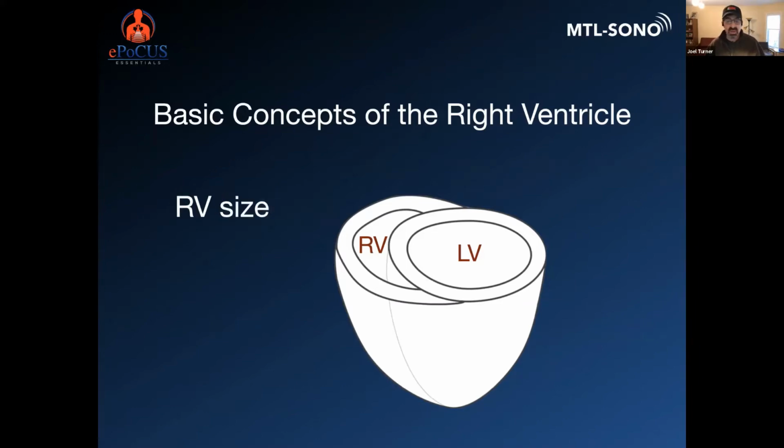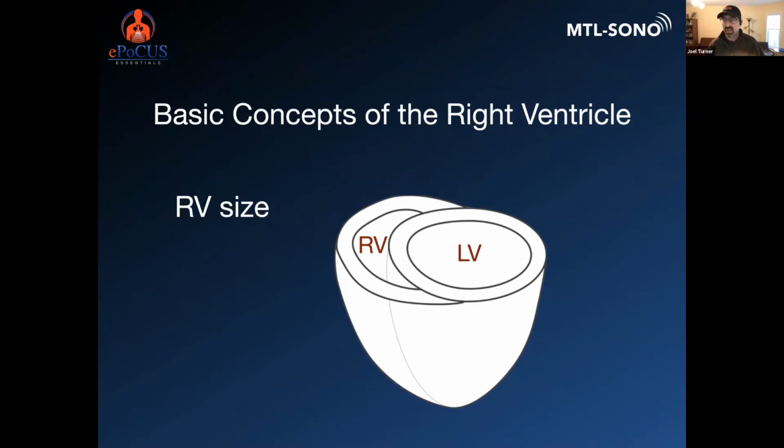The other thing is, remember that the left ventricle has to contract against your systemic pressure. So for someone who has a blood pressure of 150 over 100, that left ventricle has to contract against that systemic resistance. Whereas the right ventricle has to contract against a much, much lower pulmonary vascular resistance.